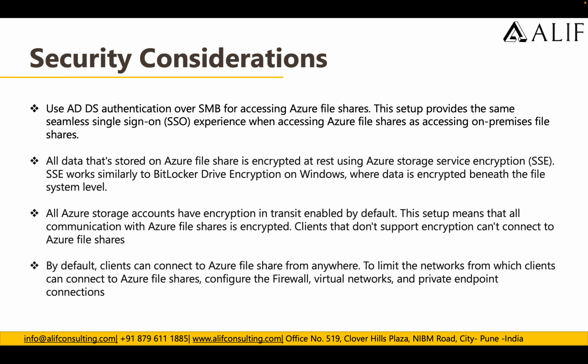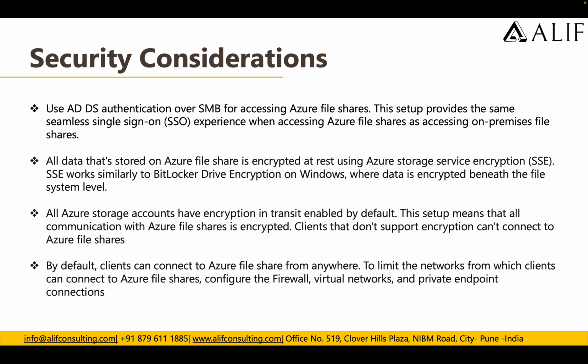Clients can connect to the Azure file share from anywhere. To limit this, your client can use firewalls or the network, and you can enable the private endpoint to allow only private access. So what exactly is the fourth consideration, connecting over the virtual network?